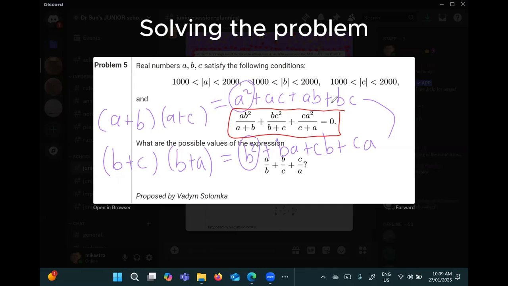The denominators are a plus b, b plus c, and c plus a. If you multiply everything by (a plus b)(b plus c)(c plus a), you'll end up with these things, yeah? So that's kind of where it comes up.